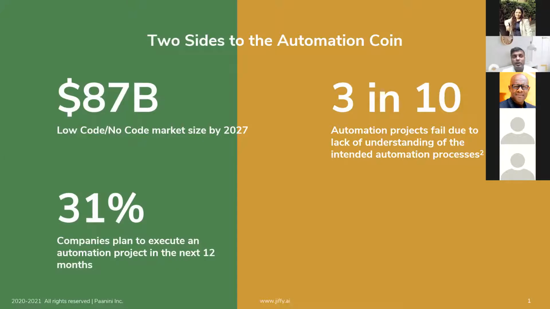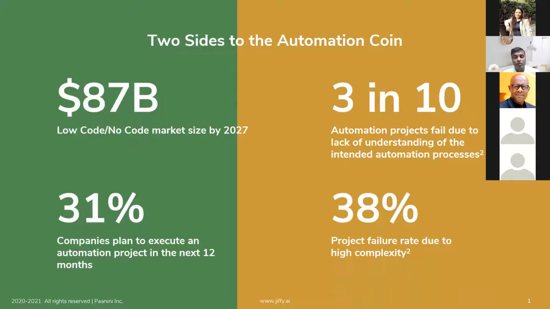That's where a combination of RPA, AI, and machine learning all come together. But at the same time, it's very important to decide where to start, what the ROI is, what the cost of technology is, and what success you're looking for. And finally, the most important aspect is that failures are due to the highly complex processes that are in place. I'll touch upon that in a little bit, why this high percentage of failure happens.